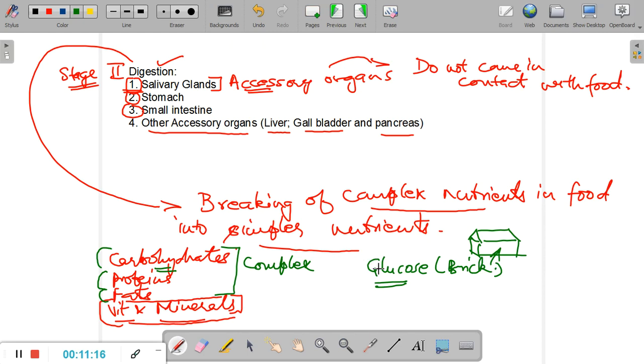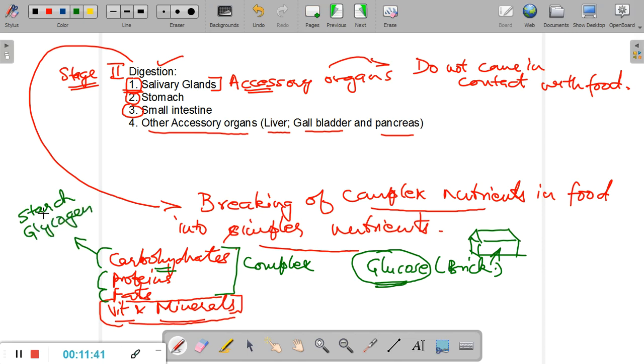Just like we've got bricks in a house, glucose is a very simple kind of carbohydrate. Other simple carbohydrates are, let us say, lactose, right? So we have many other simple carbohydrates. Now these simple carbohydrates combine and make complex carbohydrates. An example of a complex carbohydrate is starch. Another complex carbohydrate can be glycogen.